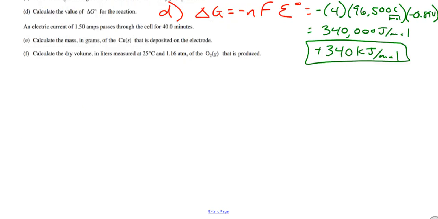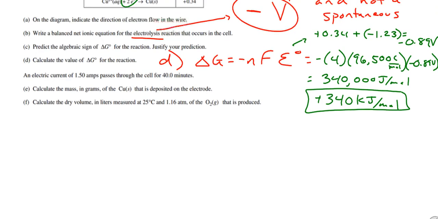Okay, so this is one of the reasons, besides the fact that I did want to talk about the difference between these, E. It says an electric current of 1.5 amps passes through a cell for 40 minutes. Now, I am pretty sure that it tells you what an amp is on your sheet, on the side, like in the IQT problem.